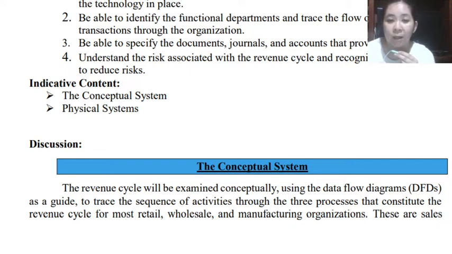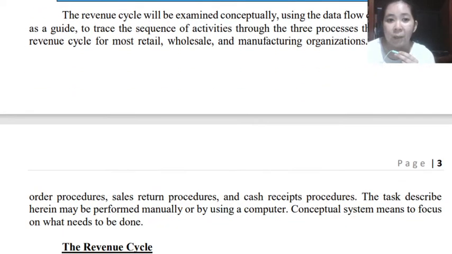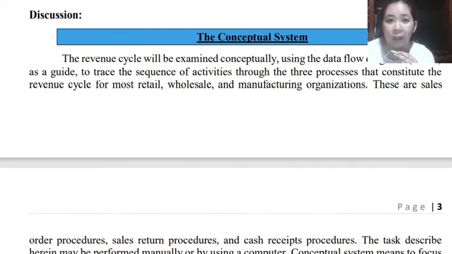This is for retail, wholesale, and even for manufacturing organizations. These are our sales order procedures, sales returns, and cash procedures. Basically, these are the three main activities and processes under our revenue cycle.